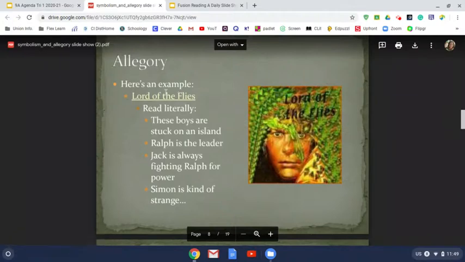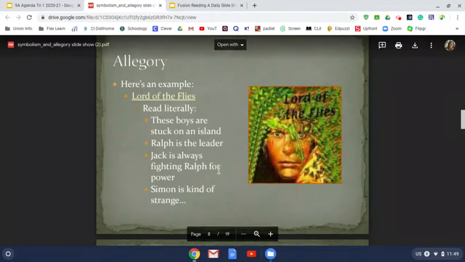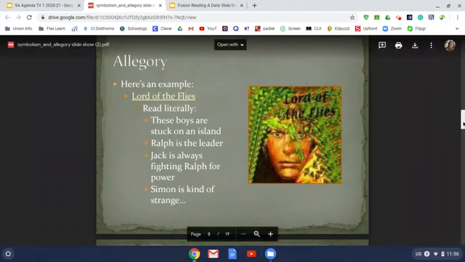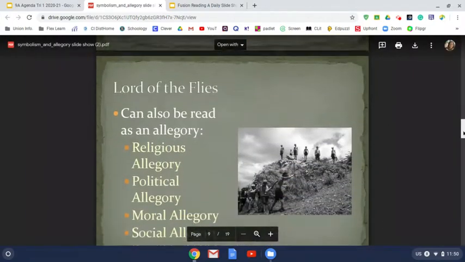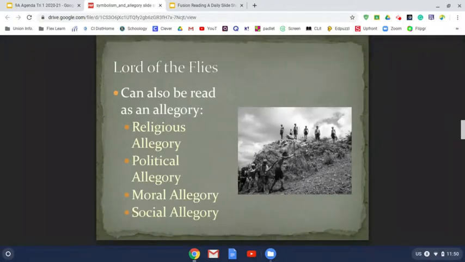Here's an example of allegory in Lord of the Flies. It's a great book that some of you maybe have read. So literally reading, these boys are stuck on an island. Ralph is a leader. Jack is always fighting Ralph for power, and Simon is kind of strange. So that is the literal idea of Lord of the Flies. But it can also be read as an allegory.